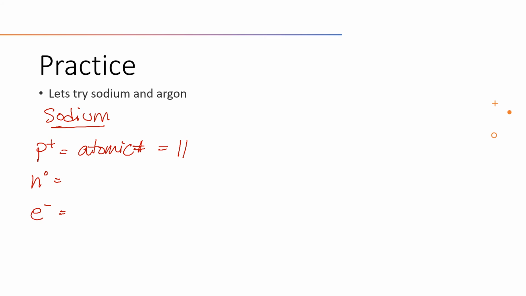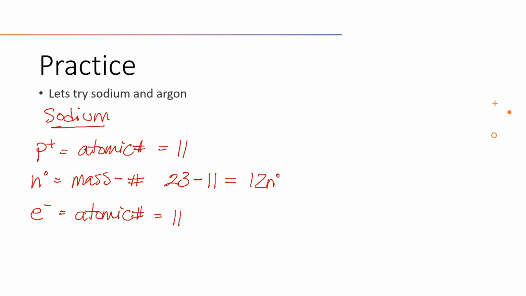The electrons, let's skip down to electrons. Electrons is also the same as the atomic number, so it too has 11 electrons. Now our neutrons is a little bit different. Remember, our neutrons is going to be our mass minus our atomic number. So when we look at sodium, sodium has a mass of 23, and if we subtract that atomic number of 11, it's going to tell us that there are 12 neutrons.